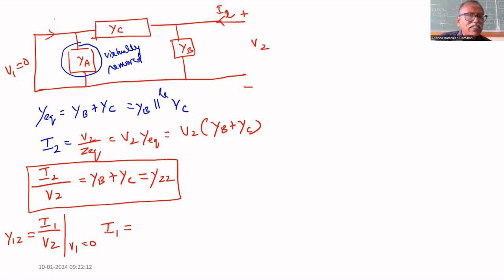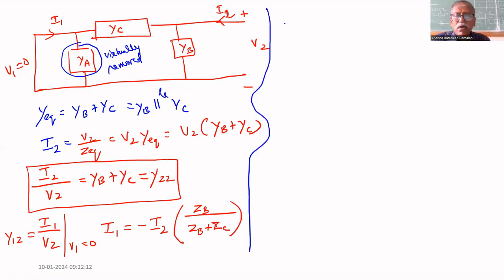The direction of I1 is this way, but I2 will come against I1. That's why I1 equal to minus total current I2 multiplied by the other branch impedance ZB divided by the sum of impedances ZB plus ZC. That is I1 equal to minus I2 multiplied by 1 by YB divided by 1 by YB plus 1 by YC.